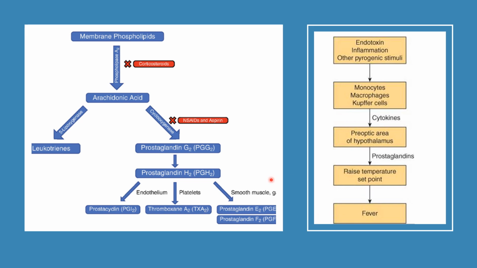So what will aspirin and NSAIDs do? They will block the COX, or cyclooxygenase, enzyme. So local formation of prostaglandin will be inhibited, and that will inhibit the fever.